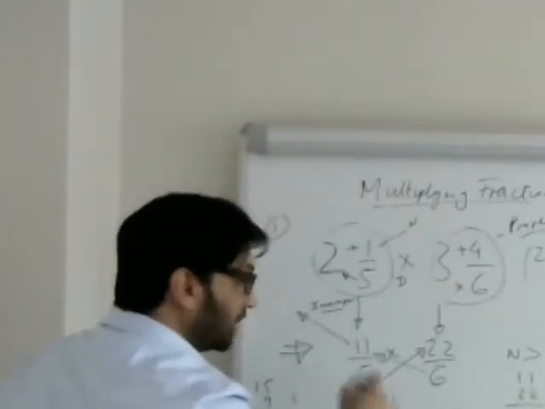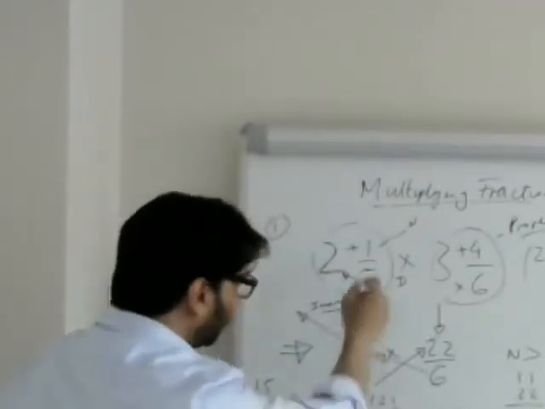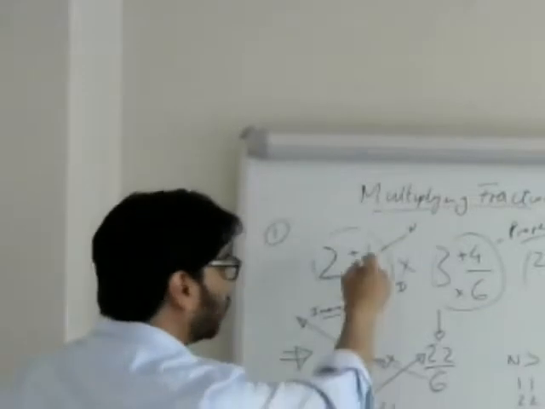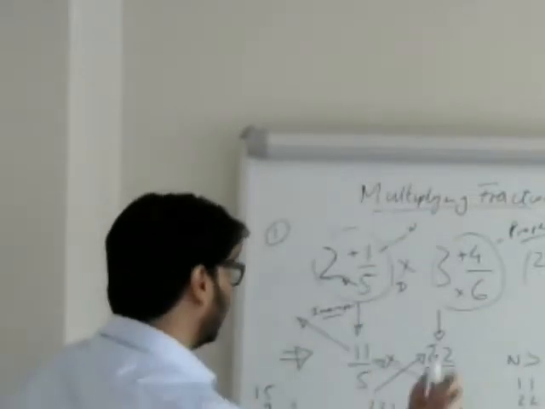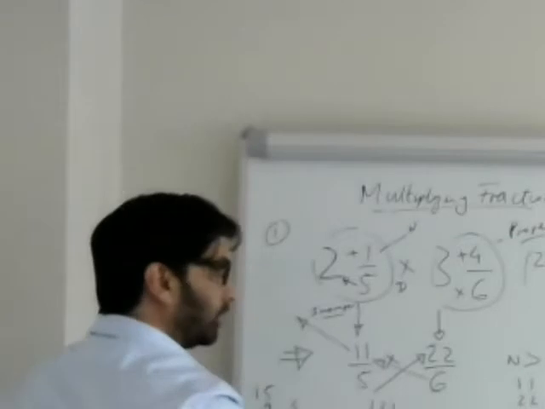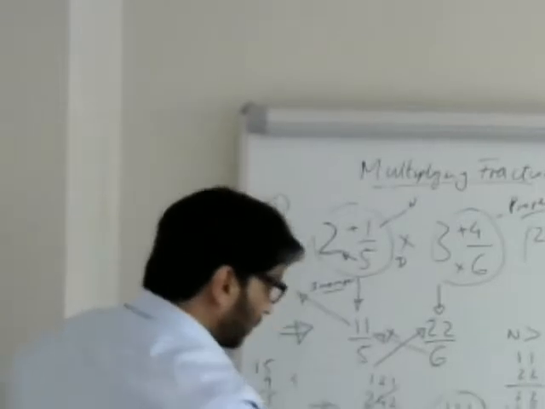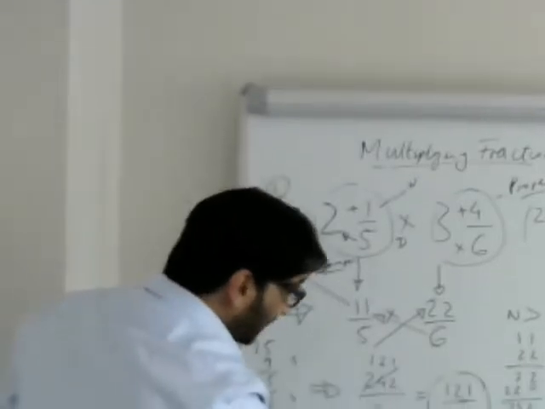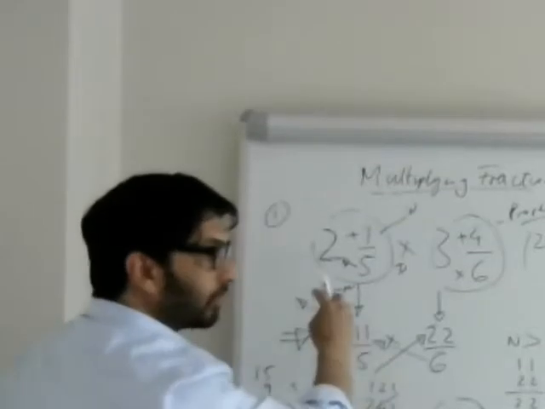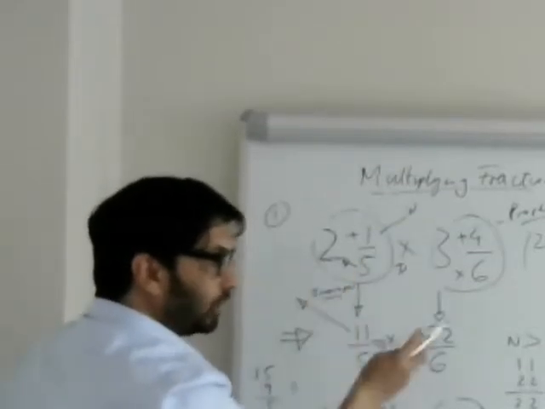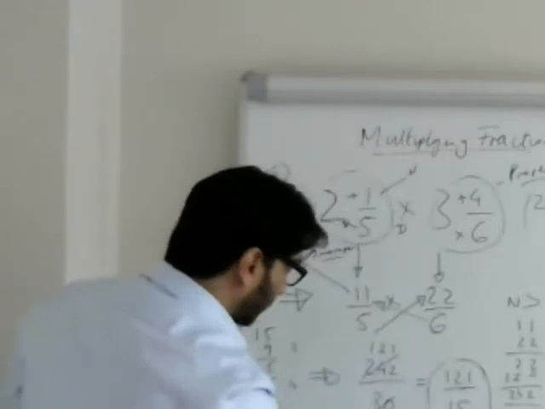It turns from mixed to improper, my apologies, from mixed number to improper, and then from improper to mixed number. So you'll be tested on that. So be aware of that.